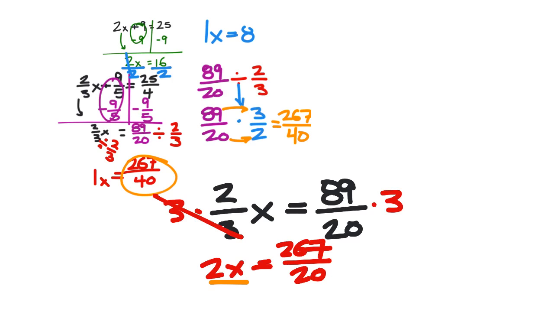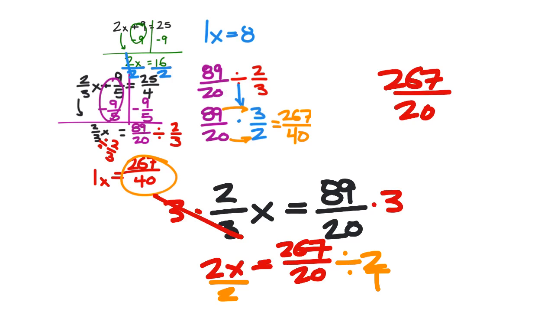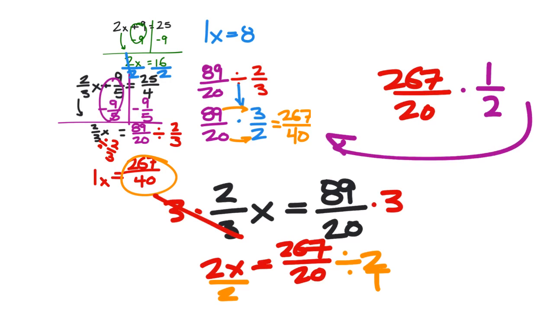And then to divide by 2 there, which is really 2/1, I end up with 267/20ths, but I change that to multiply by 1/2. I still get the same answer there as 267/40ths. So, yeah, the method is still valid.